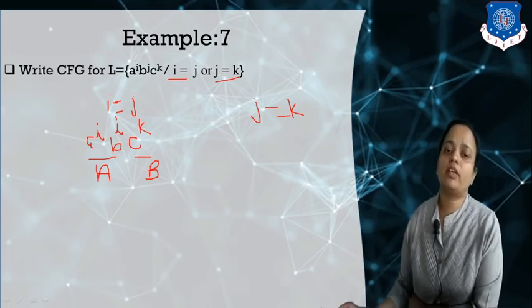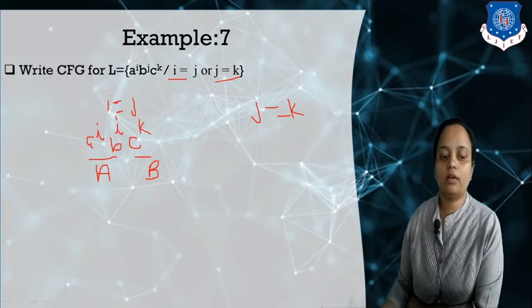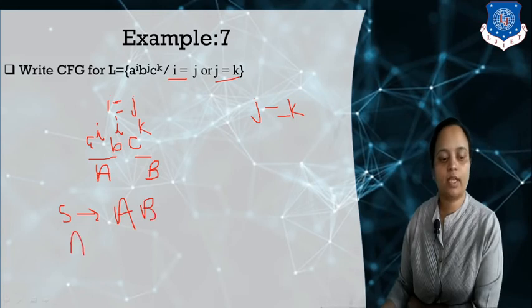Now, what is the starting value of i, j, k? When the starting value is not given, we have to assume that i is greater than or equal to 0, j is greater than or equal to 0, and k is greater than or equal to 0. So here we can write like this: A B. A generates the A's. The same concept we can use: A and B are both repeated an equal number of times, and the minimum length is null.